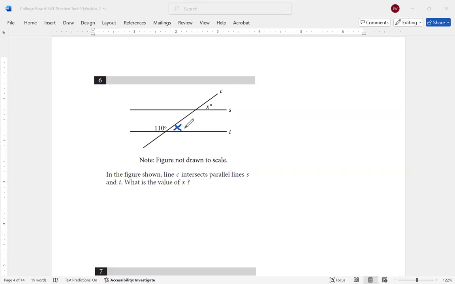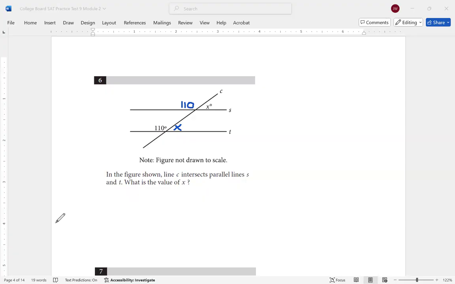So x is going to be this value, or if you look at above and to the left, that angle is 110, above and to the left of T. So we can think of this angle above and to the left of S, where it meets line C, as also being 110.